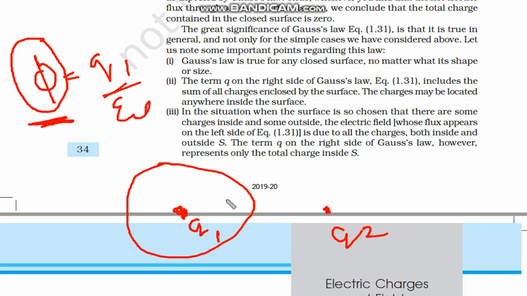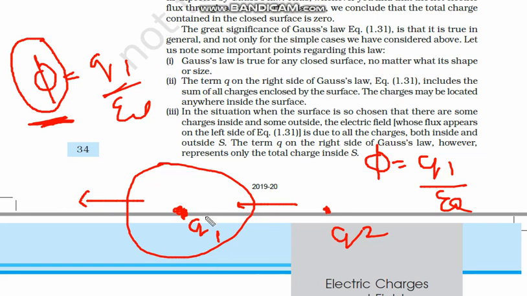Now you will ask how this can be equal. Again we remember the property that the flux inside is simply Q1 upon epsilon naught. But the flux due to the outside charge is coming in and going out, so that flux is zero.